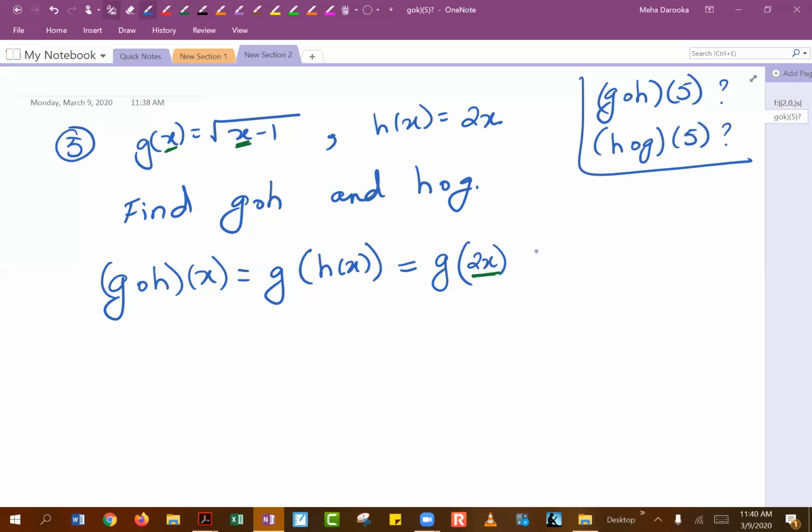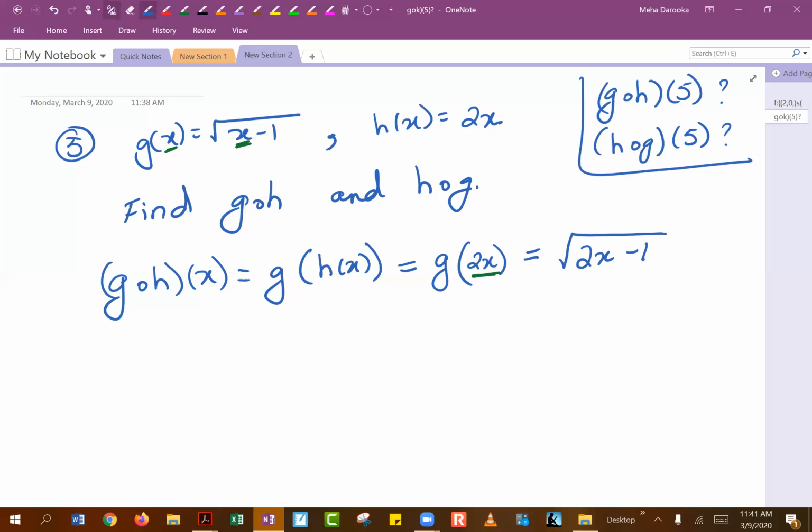So when you write this, you should have square root, because that's where the G of X function starts. Instead of X, you should have 2X there, minus 1. Again, we're doing the composition G of H. H is the inside function, G is the outside function.